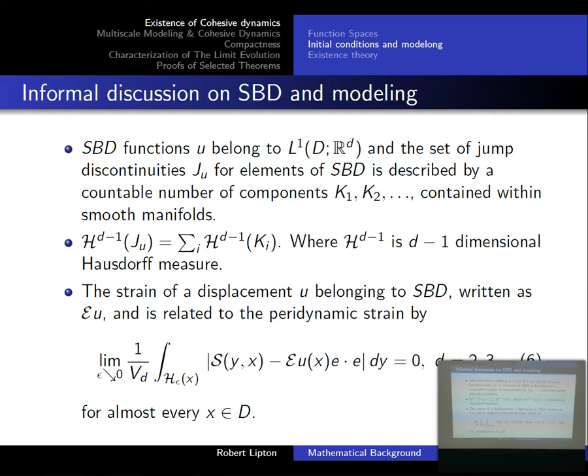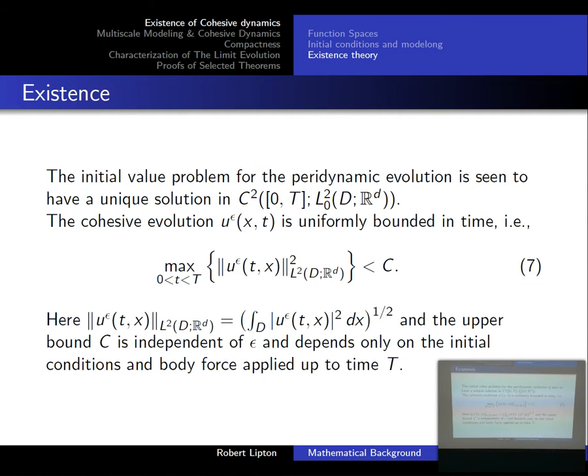And here we say for almost every x, and that means these sets have Hausdorff d-1 dimension and 0 Lebesgue measure, so this is fine. So you see here that peridynamics and SBD are compatible notions. It's a good space, a compatible function space, for peridynamics.